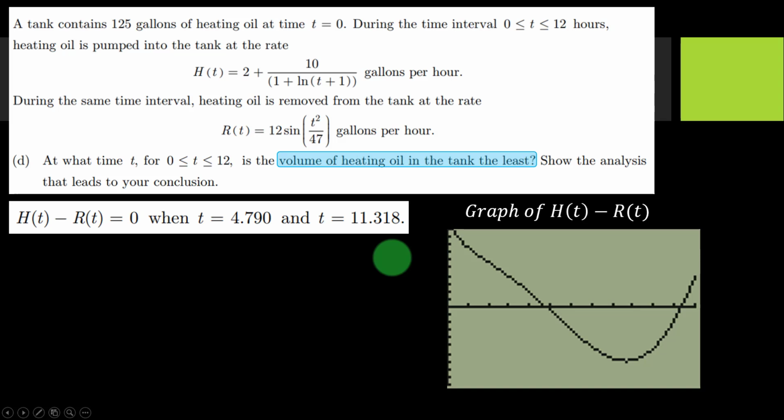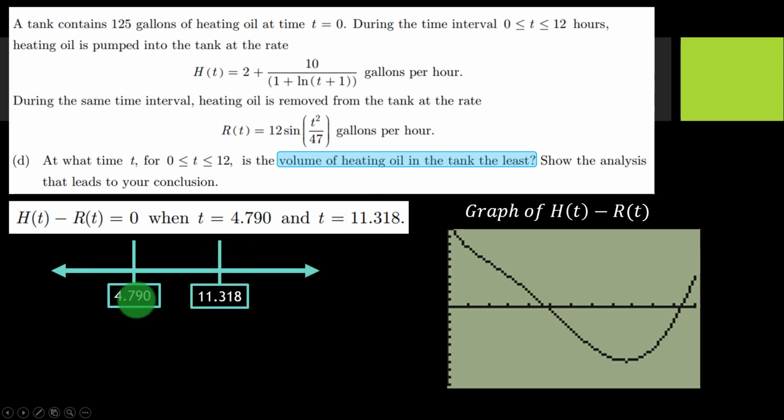Now, once we know the intersection points, those are like our critical points that we're going to check. So we have these two critical points that we just found by setting the derivative equal to 0. Then we got our endpoints, 0 and 12. And now we're going to look at the graph. This is the graph of h of t minus r of t when you put all of this minus all of this in the calculator for y1.